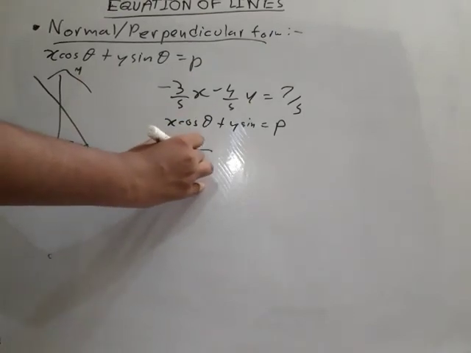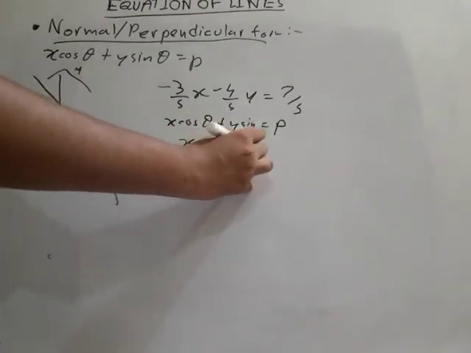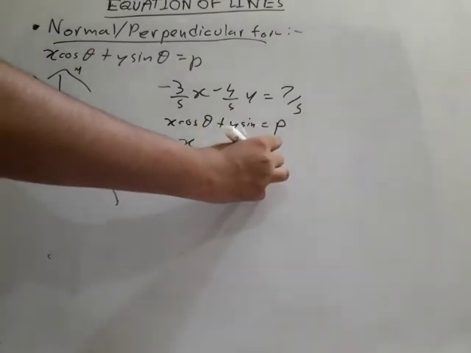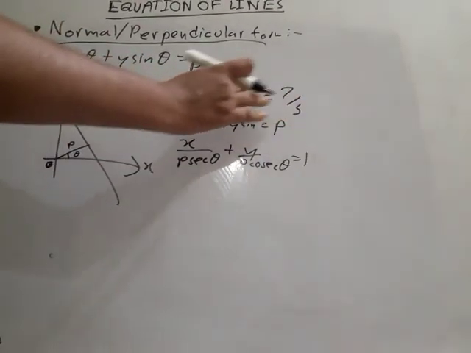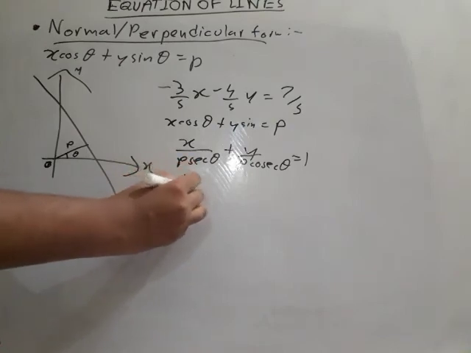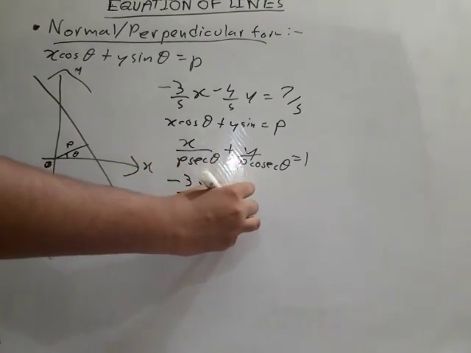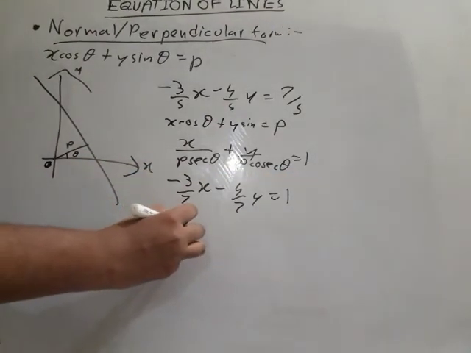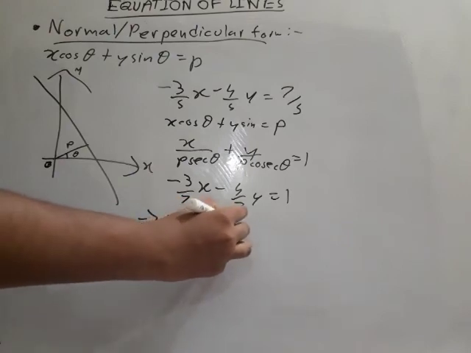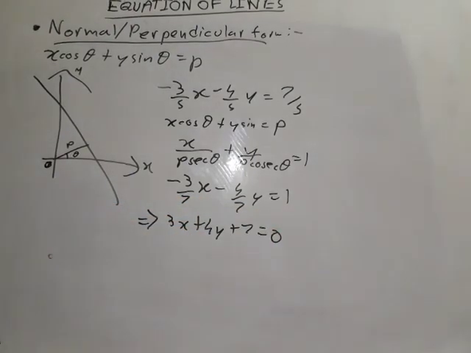So x by p sec theta plus y by p cosec theta equal to 1. And if we rearrange, then we can get the original equation. Suppose we divide it by minus 7 by 5. So minus 3 by 7 x minus 4 by 7 y equal to 1. Or if we rearrange it, then 3x plus 4y plus 7 equal to 0. This was the previous equation I gave you, that is the general equation. So we are back to the general equation again.